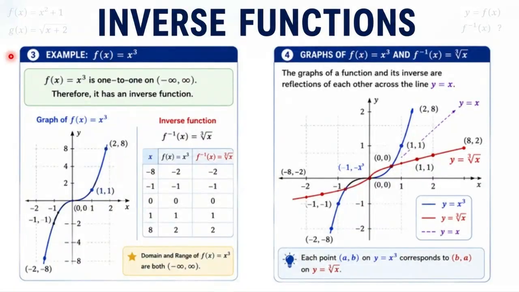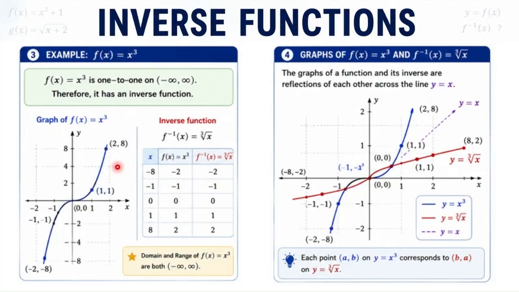Now consider the function f of x equals x cubed. Why is this function one-to-one and why does it have an inverse? If you look at the curve for the function, you can use the horizontal line test. Imagine drawing a flat horizontal line anywhere across this graph.